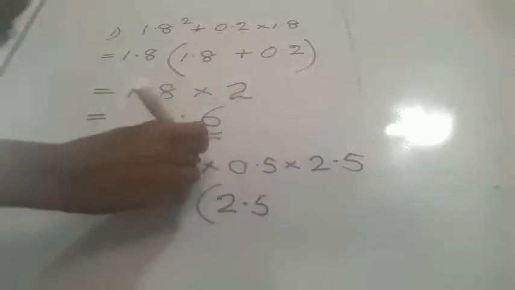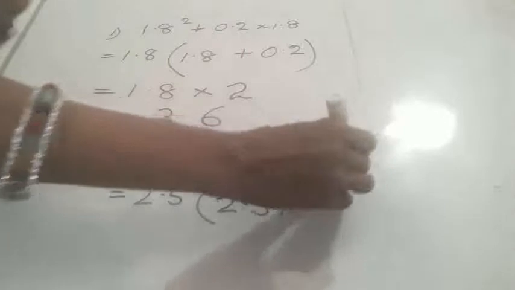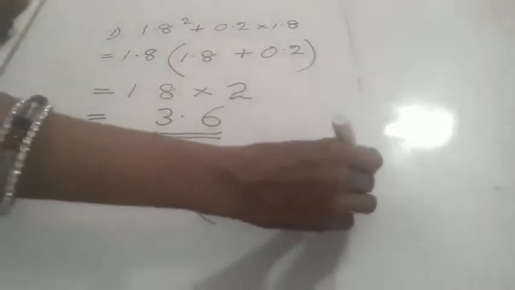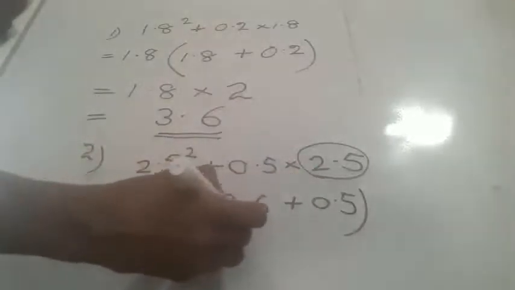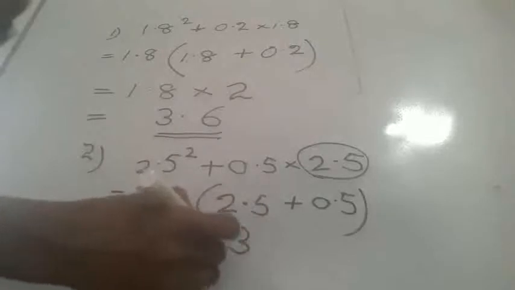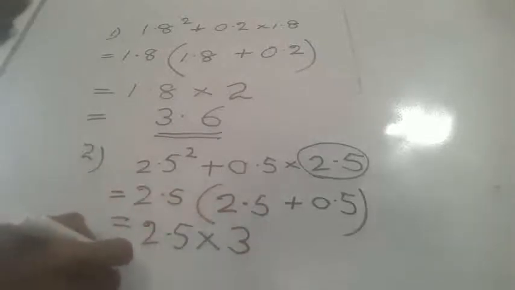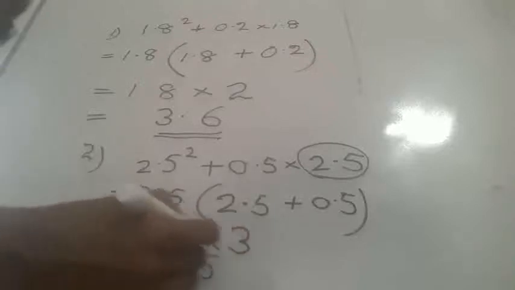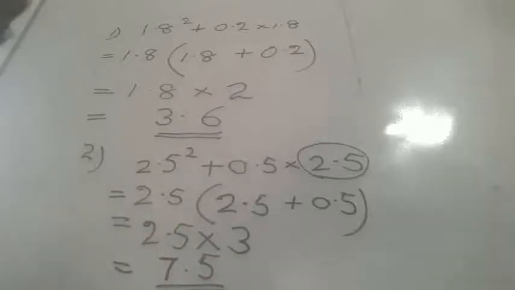Then plus 0.5. 2.5 plus 0.5 is equal to 3. 3 times 2.5. 3 times 5, 15, remaining 1. 3 times 2, 6 plus 1, 7. 7.5.